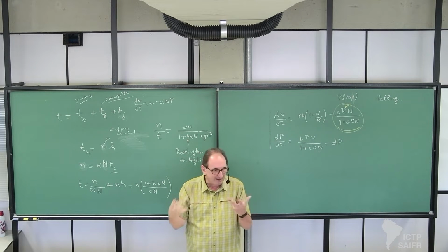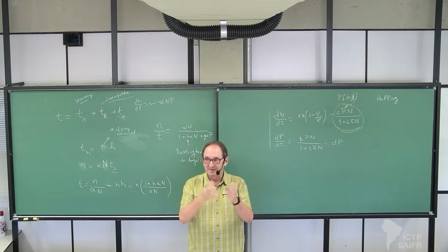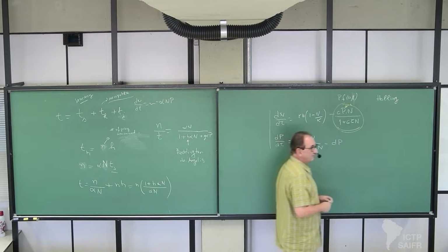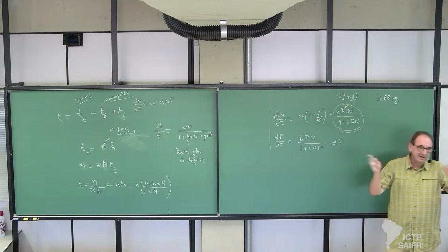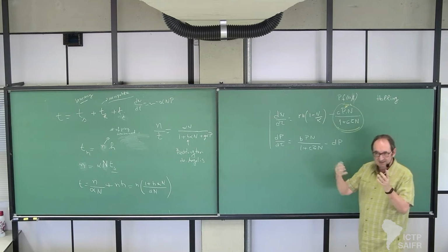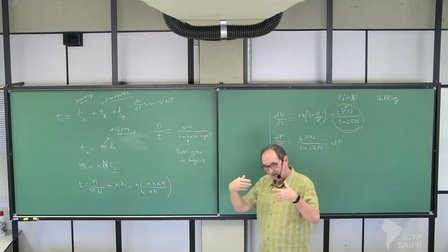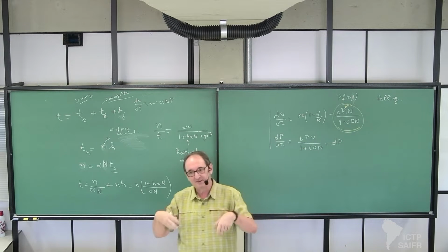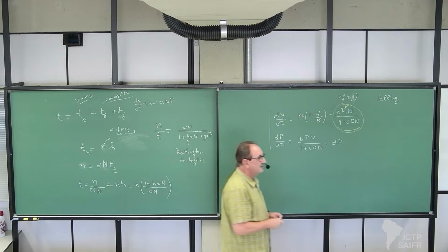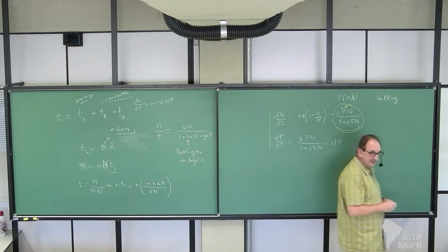You have fewer parameters, but you have combinations of parameters that are still in the equations that you want to study, either computationally, or for the general qualitative dynamics and so on.